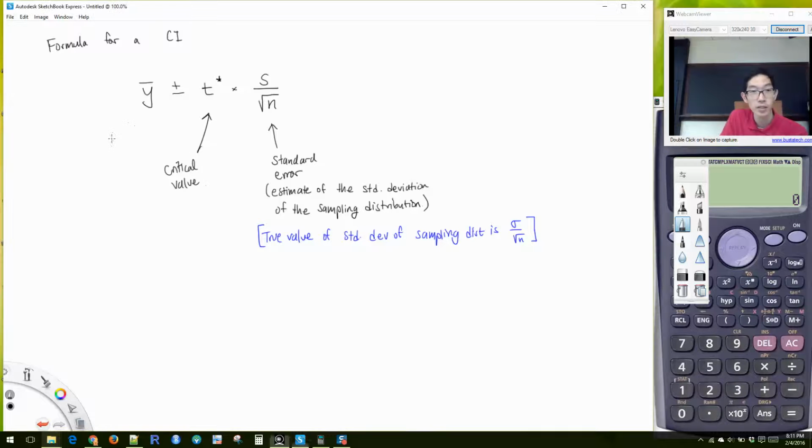Okay, and then y bar, this is our sample mean, and serves as our current best guess of mu, and is the center of our interval.